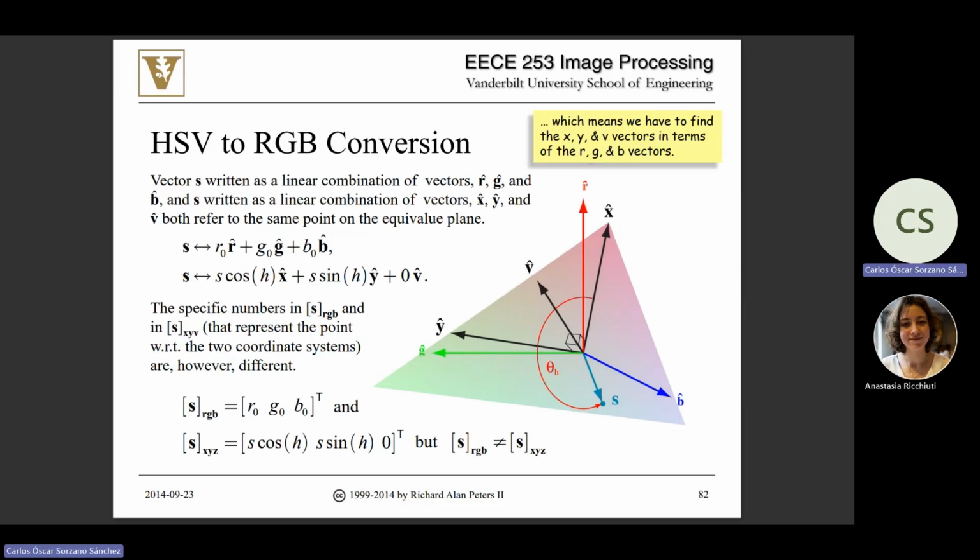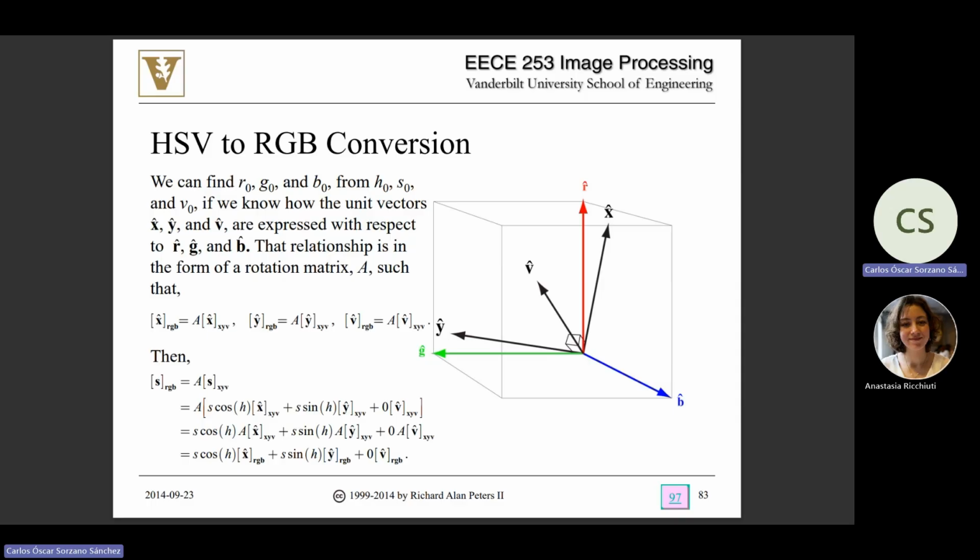So then let's look for the RGB. So this is saying in general the coordinates, these square brackets are the coordinates. The coordinates in the RGB are different from the coordinates in the X, Y, V. Here it shouldn't be Z, it should be V.